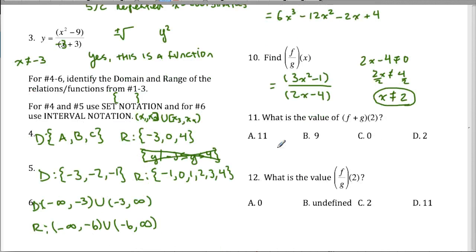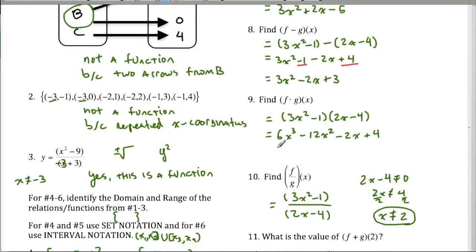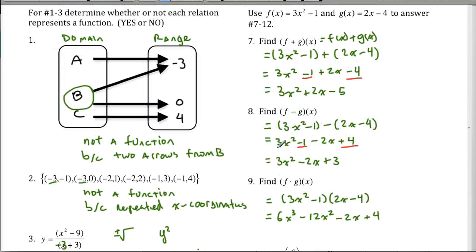What is the value of f plus g of 2? So if I wanted to do that, I could just take f plus g of x and plug in 2. So here I would say 3 times 2 squared plus 2 times 2 minus 5. The 2 squared is what needs to be done first.